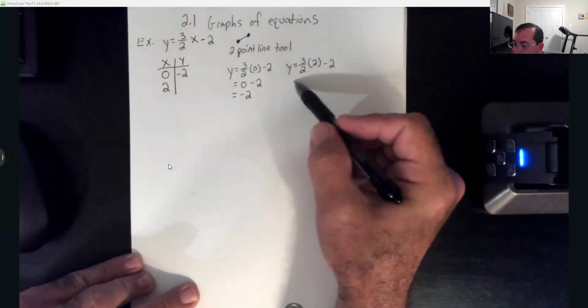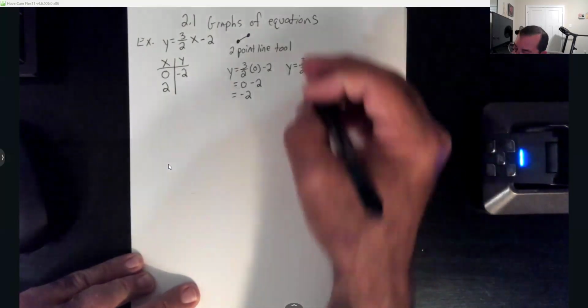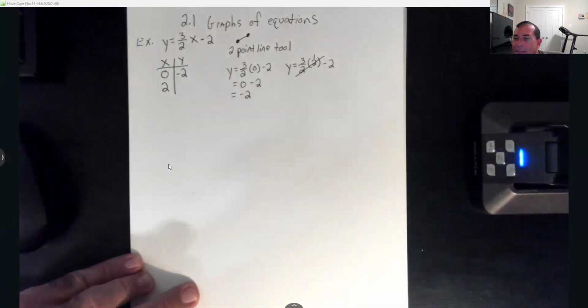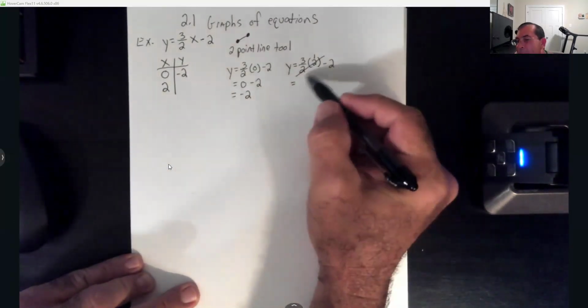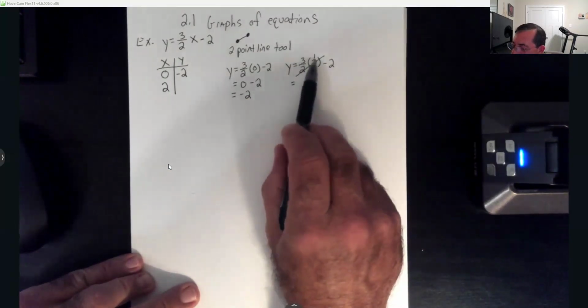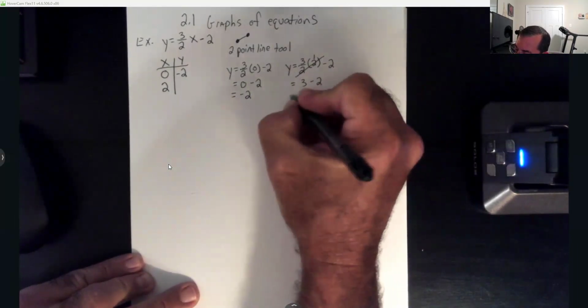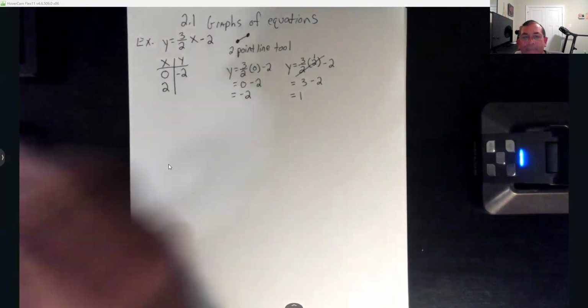Well, if y'all ever done something with this stuff, you got a 2 on top, you got a 2 on the bottom. They cancel out, making a 1, basically. So if you can get rid of the fraction, then I got 3 times 1, which is 3, minus my 2. And y'all, 3 minus 2 gives me a 1.